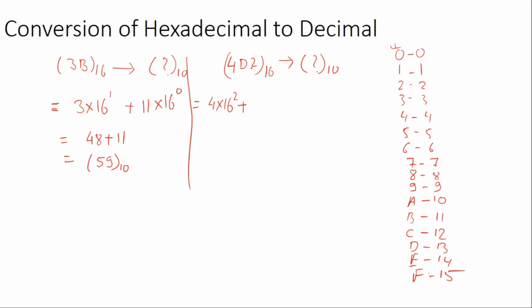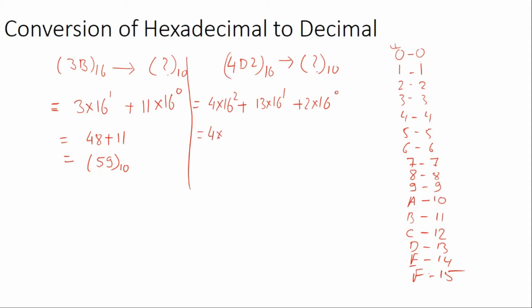plus, we will see for hexadecimal D what is the value of D in decimal. So it is 13. So we will write 13 into 16 to the power 1 plus 2 into 16 to the power 0.